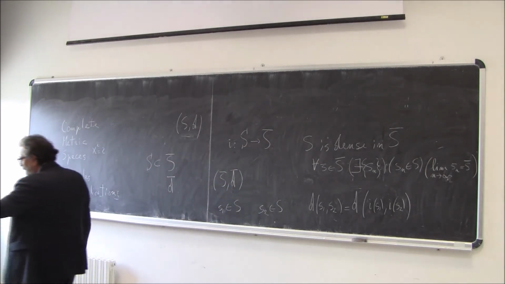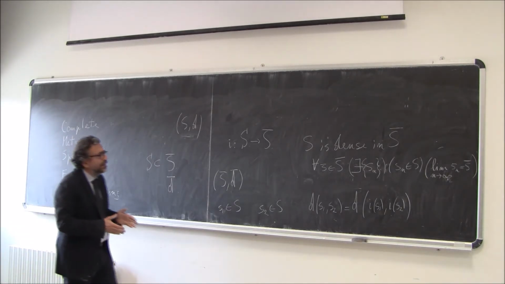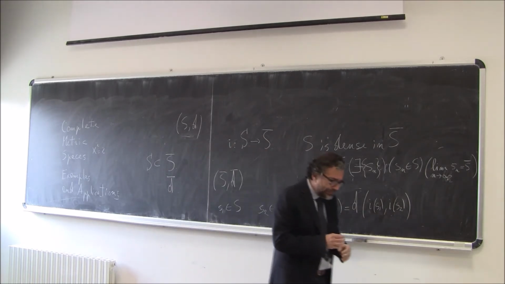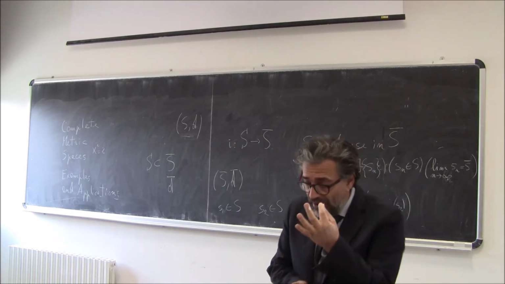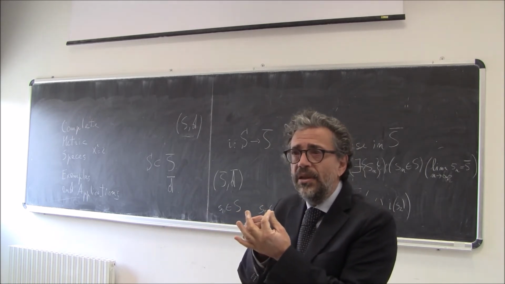If you think slowly, because this is very useful, the set of real numbers is such a complete metric space. It completes the set of rational numbers. How does this happen? If you remember, every real number is the limit of a sequence of rational numbers.